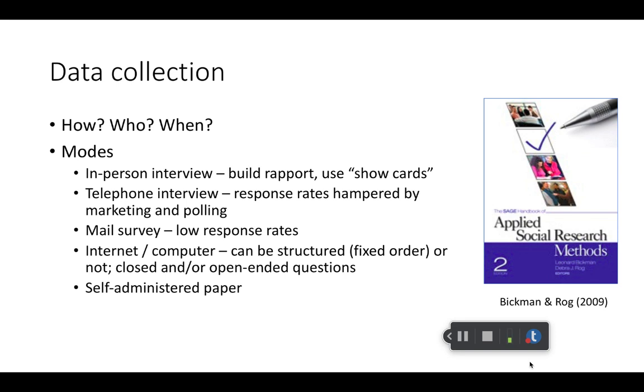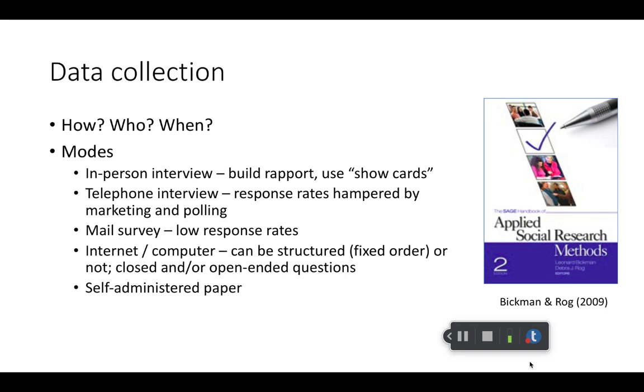Telephone interviews are another option, but response rates are declining over time because we're all inundated with telephone interviewing, especially from marketing firms and polling groups. Mail surveys are another option, but response rates tend to be very low. And we're doing a lot more with internet and computerized surveys.